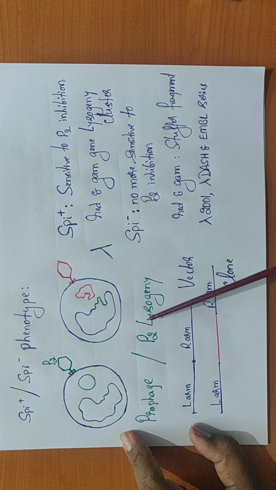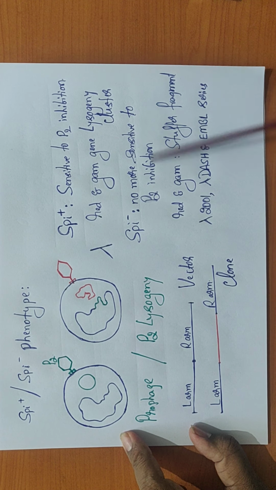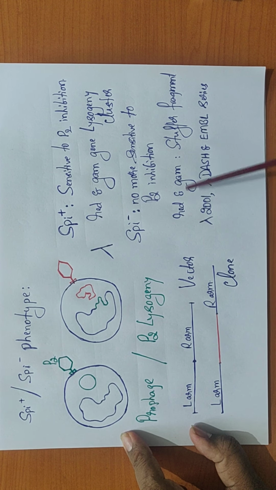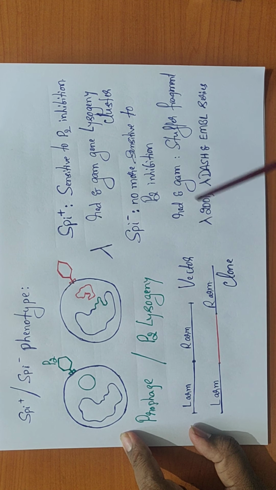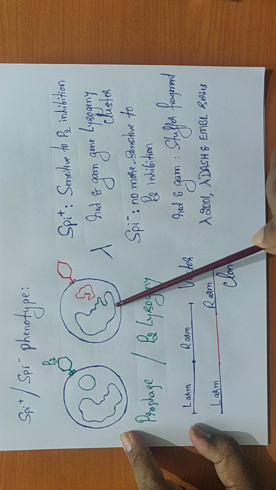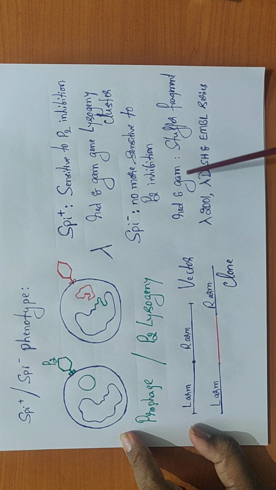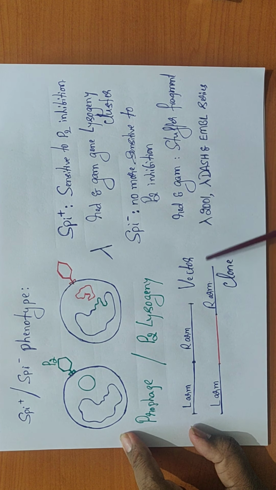Now if you try to have the vector infected into the P2 lysogeny host, it will never get into the lytic cycle. The moment we remove this red and gam gene from the stuffer fragment, it is easy to incorporate the DNA of our choice in a P2 lysogeny. So again the red and gam gene are used for clonal identification.